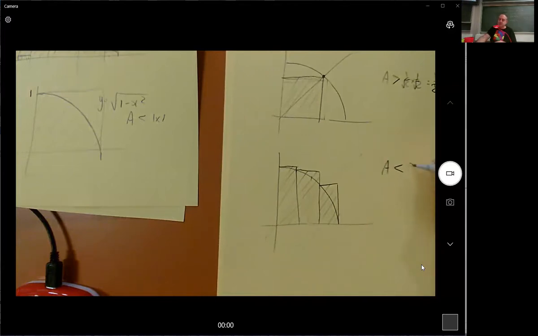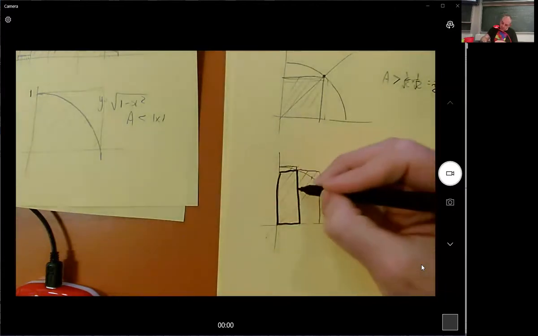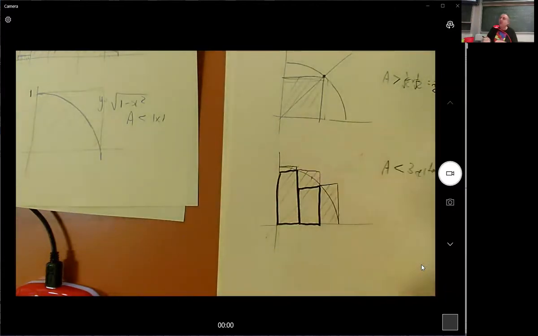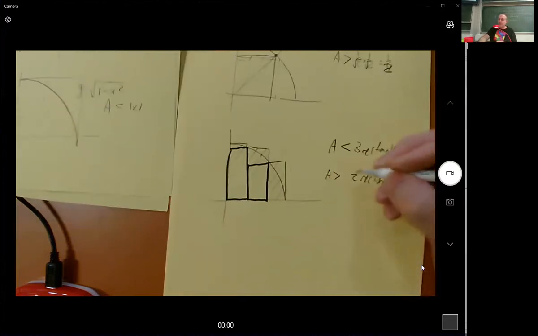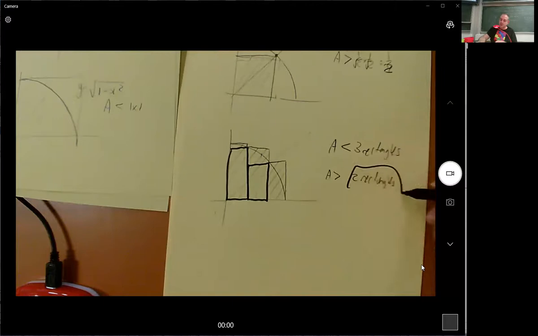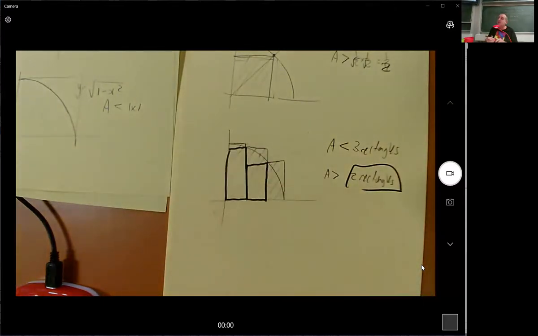But it's got to be more than this rectangle and this rectangle because those are sitting underneath it. Those 2 black rectangles are underneath it and they've got to be less than the actual area.